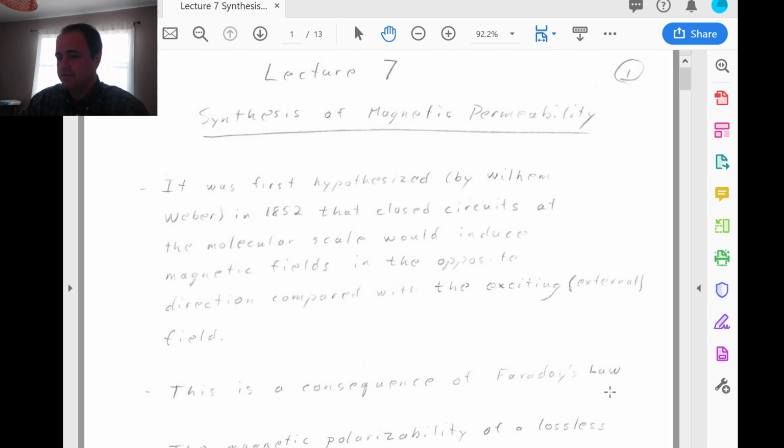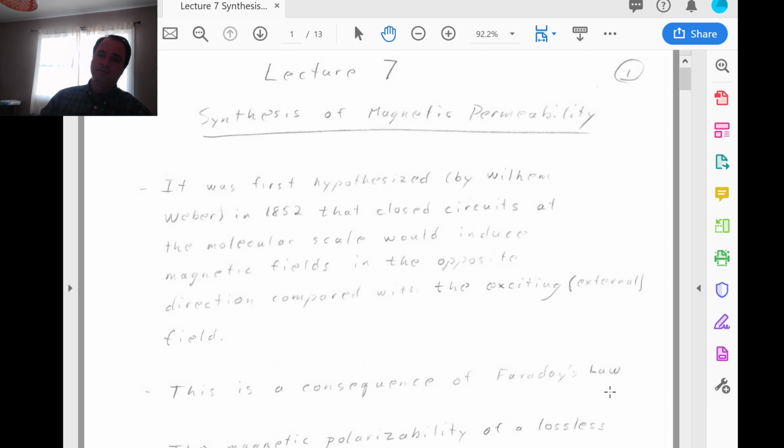Now, that's the second part of chapter 2, synthesis of magnetic permeability structures. It was first hypothesized by Wilhelm Weber in 1852 that closed circuits at the molecular scale would induce magnetic fields in the opposite direction compared with the exciting or external magnetic field.